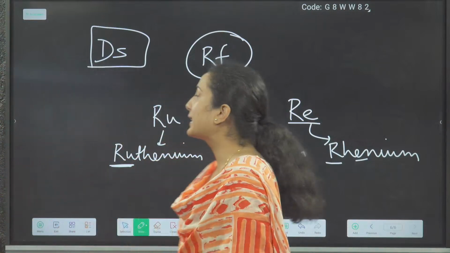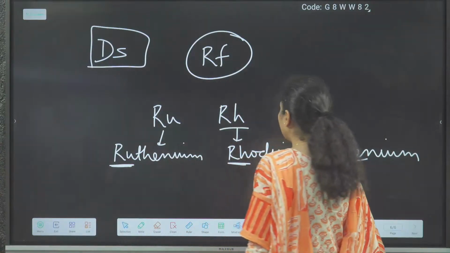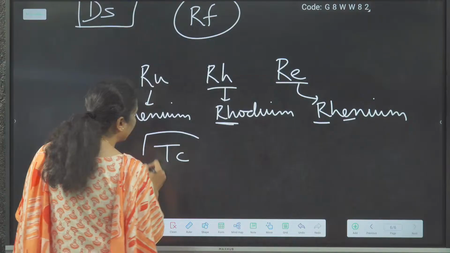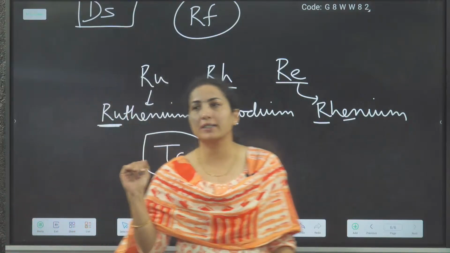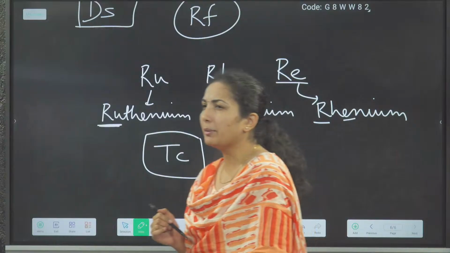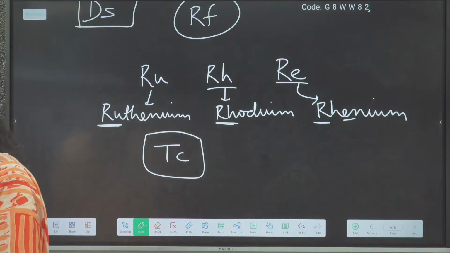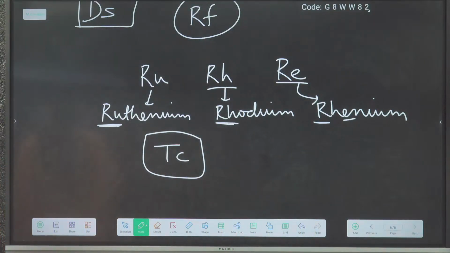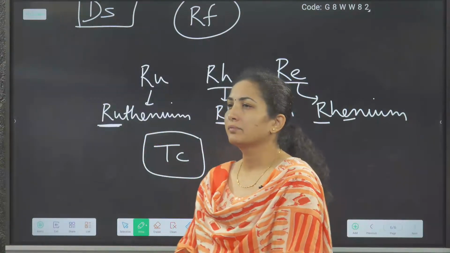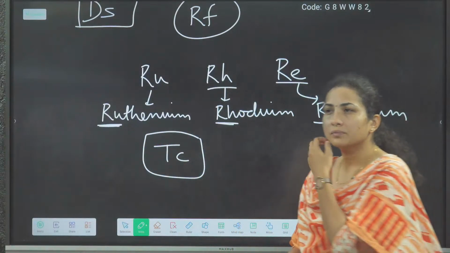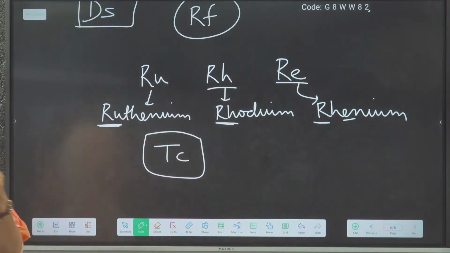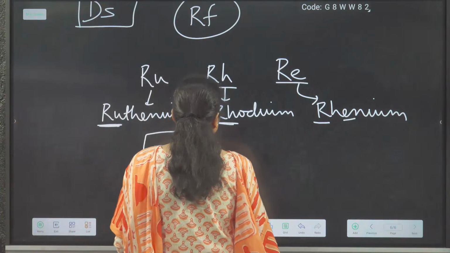Okay, now the next one I am going to ask you. I am writing the symbol of an element. You tell me the name of this element. I have written the symbol of the element. You tell me the name of this element. Ajay, you can draw that, beta. Technetium. Very good. So it is technetium.